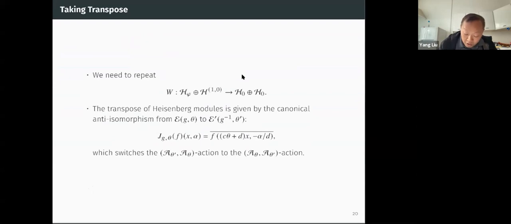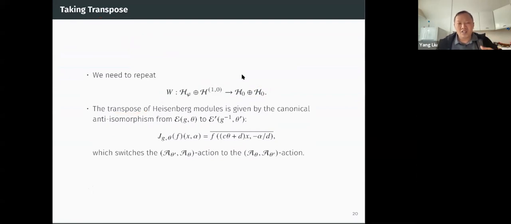So we use the same operator W to change this h of phi and h of 1, 0 forms. This is abstract forms, so it maps to something concrete. So we change the Hilbert space, and we want to take the transpose. Now the transpose becomes more complicated.